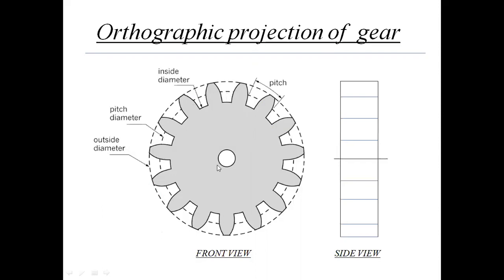Actually, a gear is a blank circular disc in which material is removed to form the teeth. The teeth are engaged with each other to transmit power. In front view, you can see the circular disc and the teeth, and in side view, you can see the gear as a rectangular portion, and these horizontal lines are nothing but the projection of the teeth.